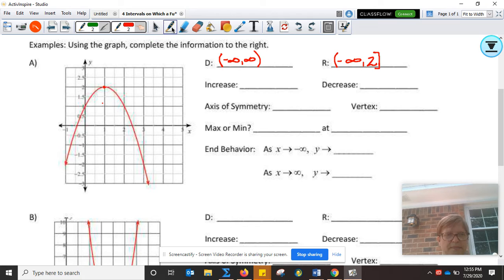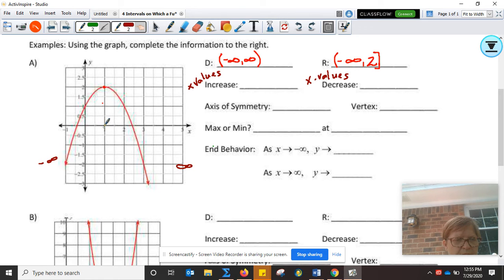Okay? So now we're going to write our intervals where we increase. And when you're doing increasing and decreasing, look at your x values, for both of these. All right. So we're increasing. Look at the graph from left to right. So we're starting with negative infinity, and this is infinity.